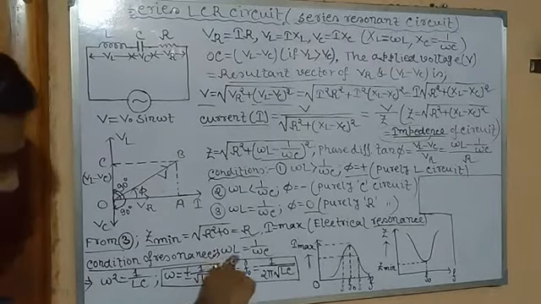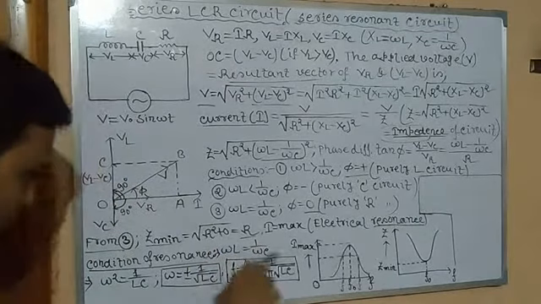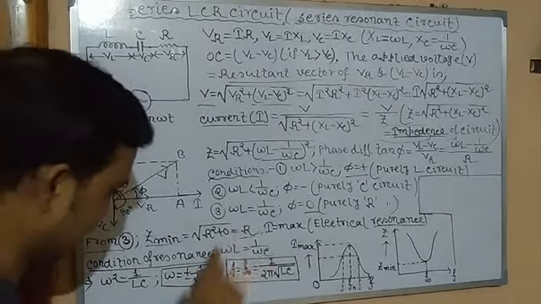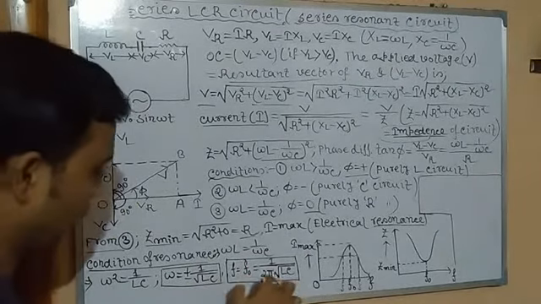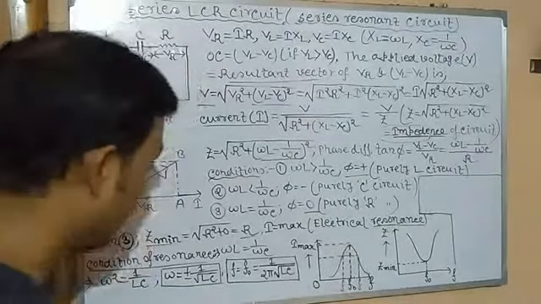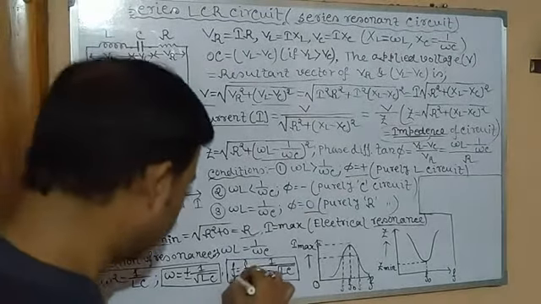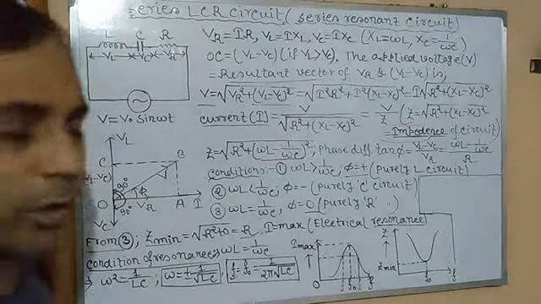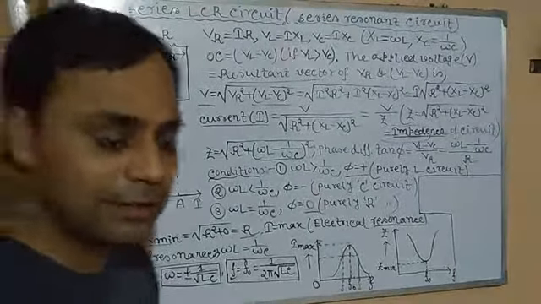We have already learned omega L equals 1 by omega C, omega squared is equal to 1 by LC, or omega is equal to plus minus 1 by root LC. So F is equal to F0 is equal to 1 by 2 pi root LC. This is the mathematical expression. F equals F0, where F is the frequency of the supplied or applied voltage, whereas F0 is the frequency of the circuit.